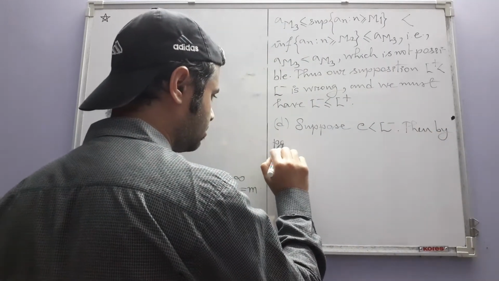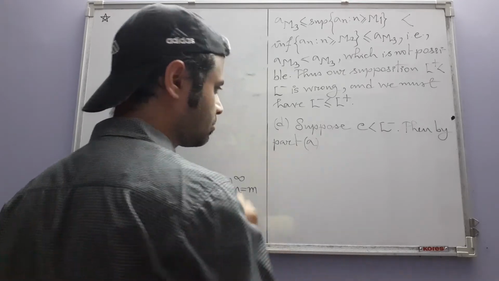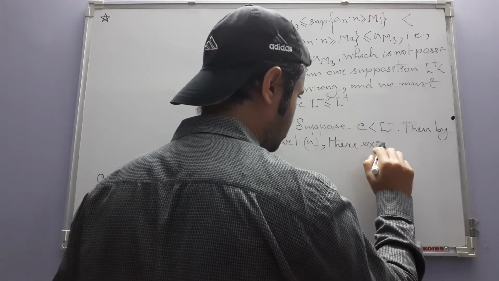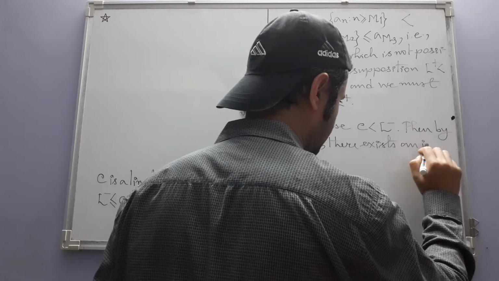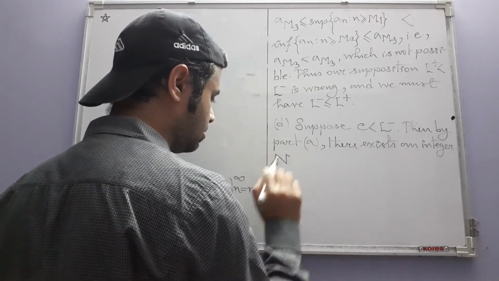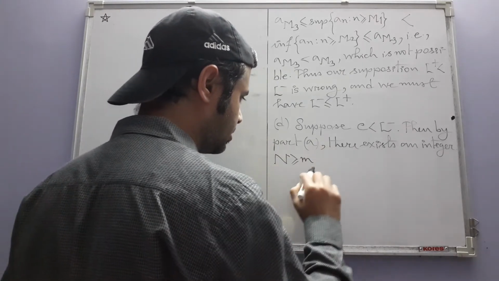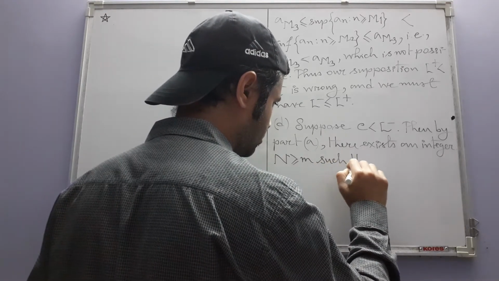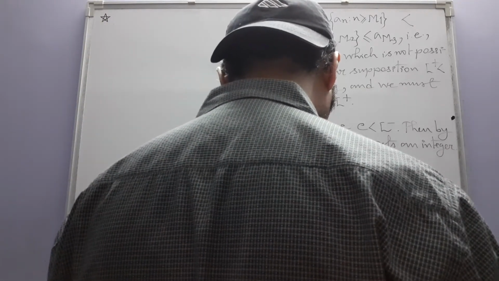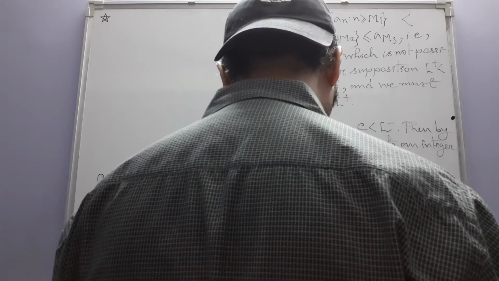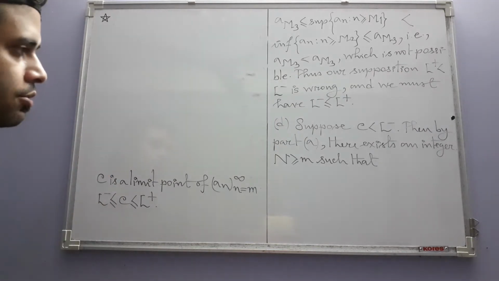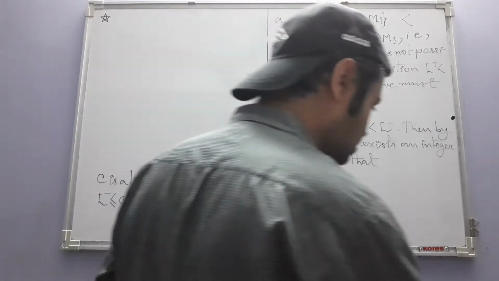By part A, there exists an integer n greater than or equal to m such that... before we apply part A, we should perhaps do something. Not so fast.